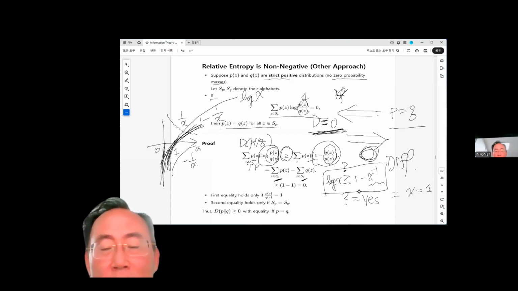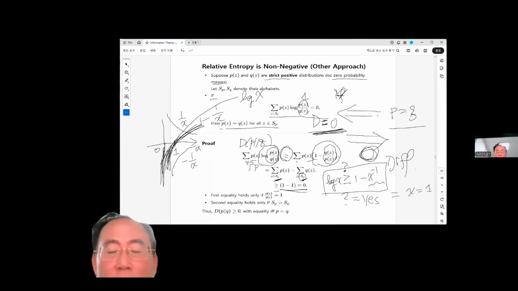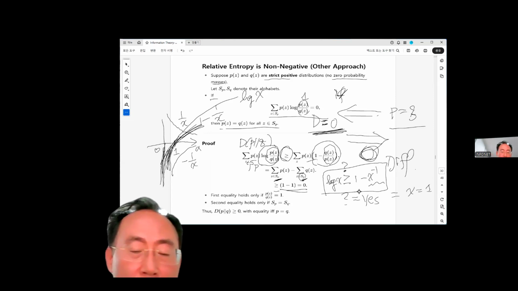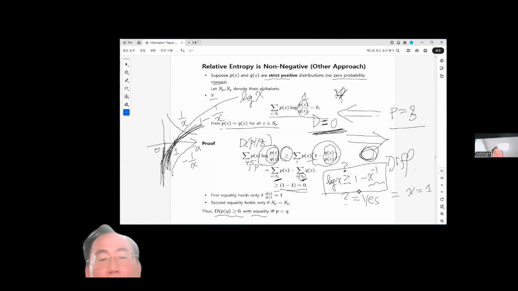When P(z) is exactly equal to Q(z), it is 1 minus 1, equal to 0. When they are different, the sum of P(z) is always greater than the sum of Q(z), because this is the support set of P, right? So that's what we got right here. And that's it. We have proved it again. The relative entropy is non-negative. Equality if and only if P is equal to Q. So that's what we have. All right.